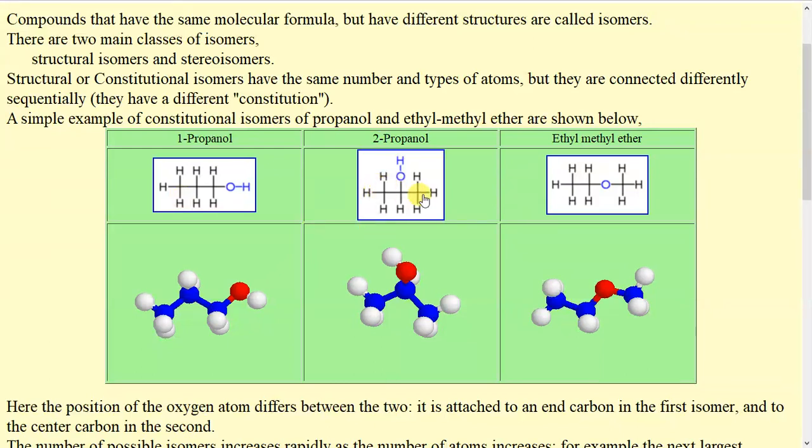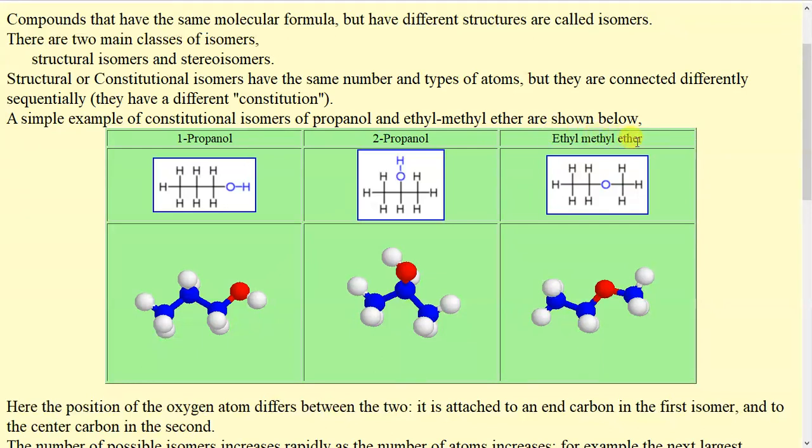Same is the sequence in 2-propanol. Instead, the hydroxyl in this compound is at position number 1 and in this the hydroxyl position is at carbon number 2. So connectivity is different. Here carbon number 1 bears the functional group and in this case the functional group is at carbon number 2.